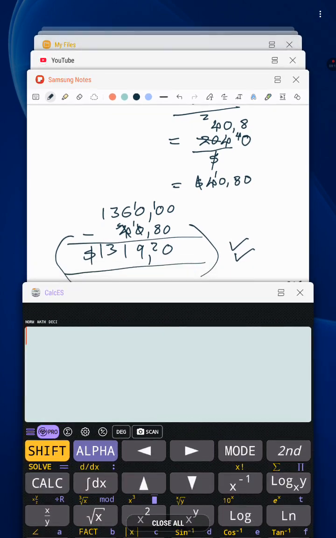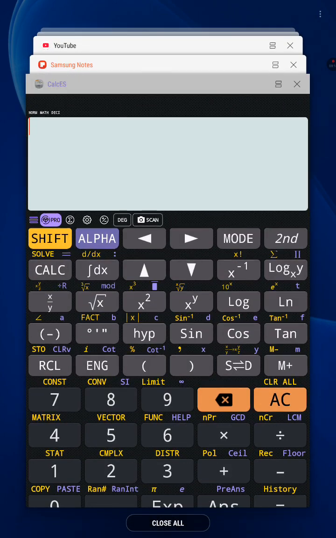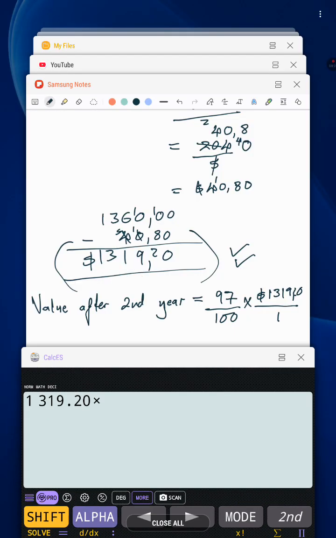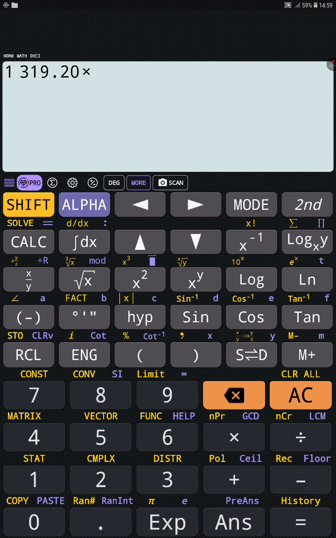The value is $1,319.20 times 97 and you get this value, which is $127,962.40.